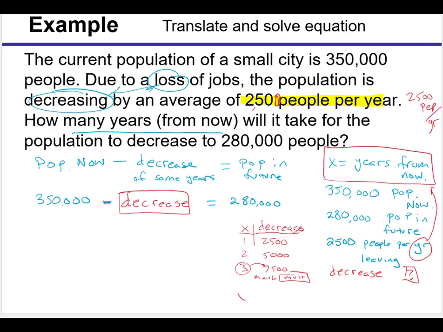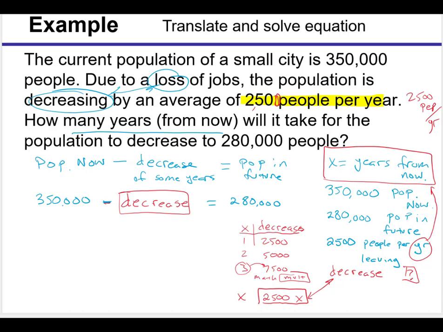Because we don't know the years, the years is x. And we don't know the decrease, but we can make a formula for the decrease because it is 2,500 people times each year. So I'm going to take the 2,500 people per year times each year. And this gives me a formula for the decrease.